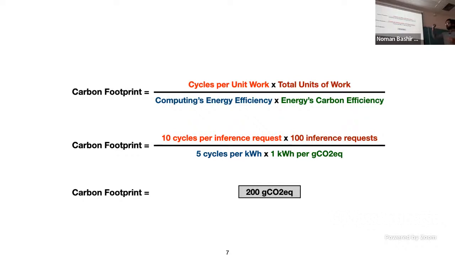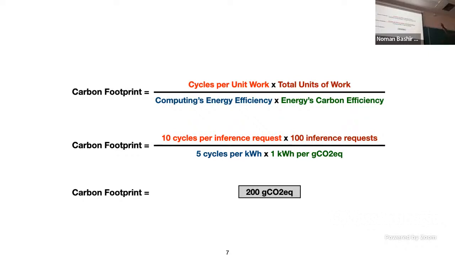Then there are two other factors at the bottom. One is computing's energy efficiency, which is how many cycles you can get out of your server per unit of energy consumed. So a larger value is better. If you have 100 cycles per unit of energy versus 10, of course 100 is better.